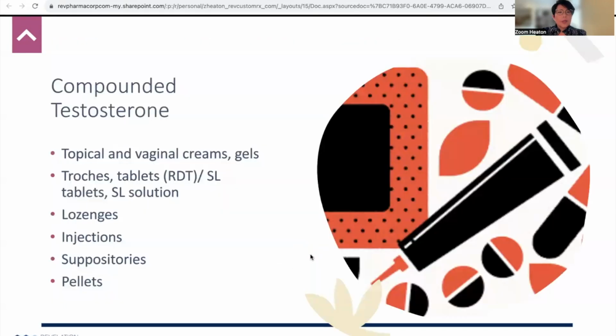So these are the common compounded dosage forms of testosterone for women: topical, vaginal creams and gels, the troches, the tablets, which are the rapid dissolve tablets, the sublingual tablets, sublingual solution, lozenges, injections, suppositories, and pellets.